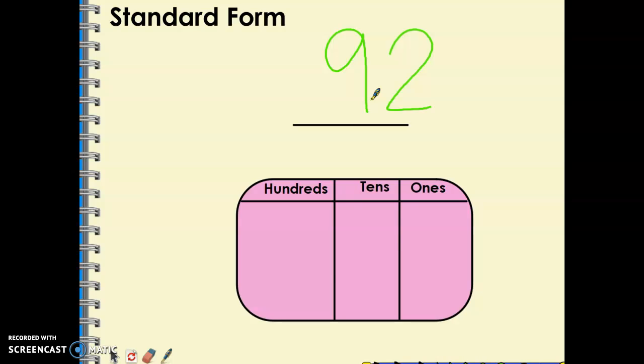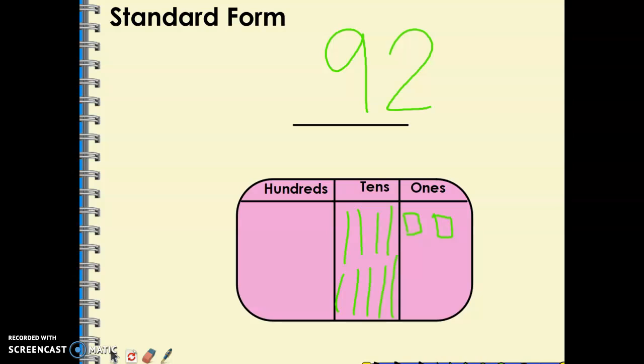Let's count. 1, 2, 3, 4, 5, 6, 7, 8, 9 tens. And now I need 2 ones. 1 and 2. So that is 92. Let's count. We're going to count by tens for our tens. 10, 20, 30, 40, 50, 60, 70, 80, 90, 91, 92. Awesome.